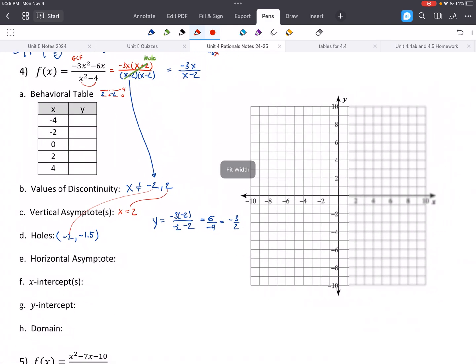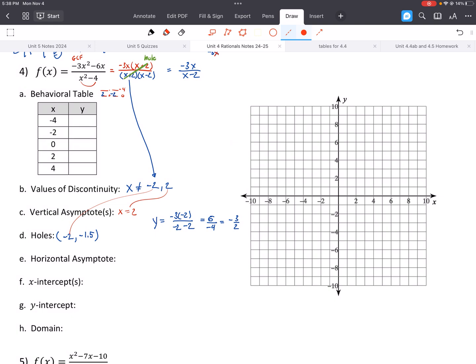So let's see if we can plot those so far. We'd have a vertical asymptote at 2, and then we have a hole at negative 2 and negative 1/2, which would be right here.